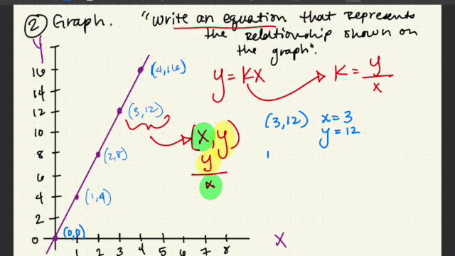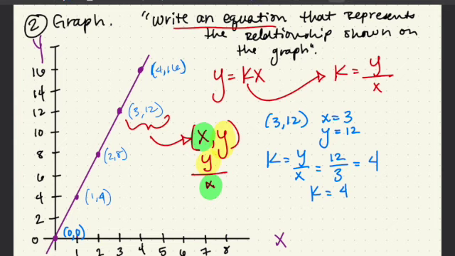We know that k is equal to y divided by x. And if we substitute the x and the y for the numbers that we actually have, we have 12 divided by 3. And when we do that division, 12 divided by 3, we get 4. So our k is equal to 4.